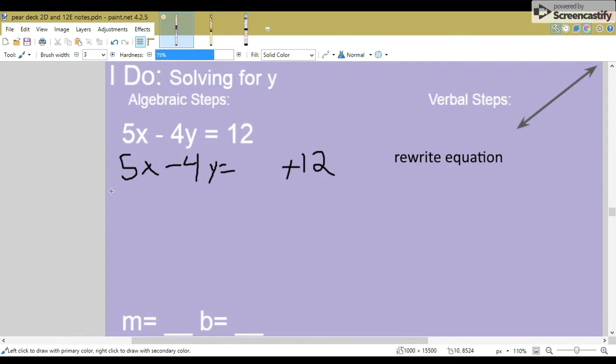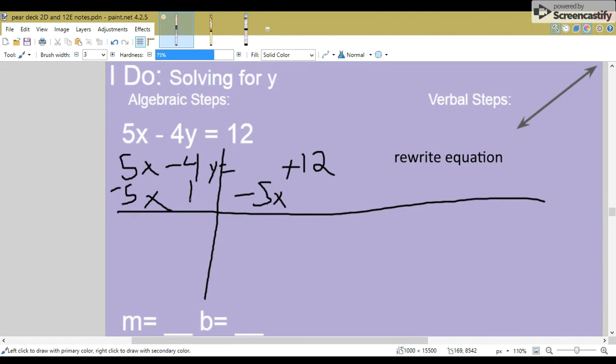Step 2, subtract 5x from each side of the equation. Five x minus 5x is 0x. So we have negative 4y equals negative 5x plus 12.